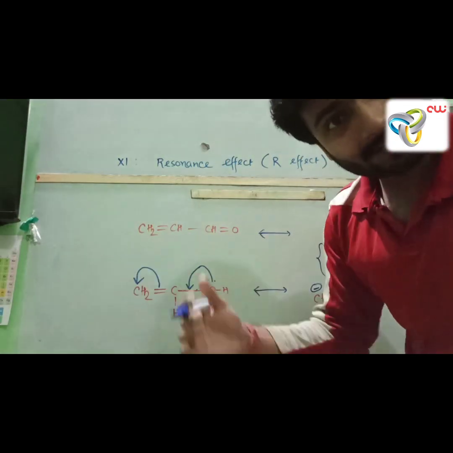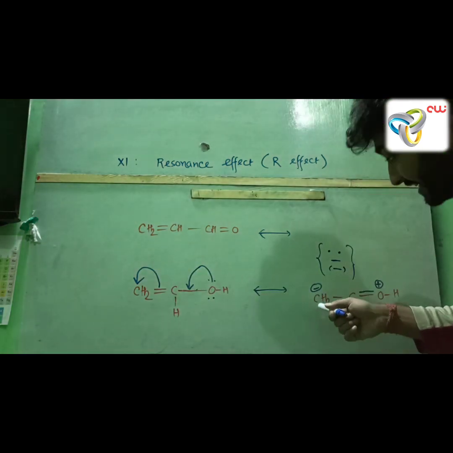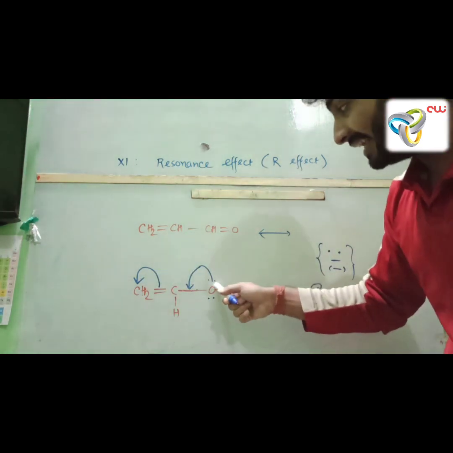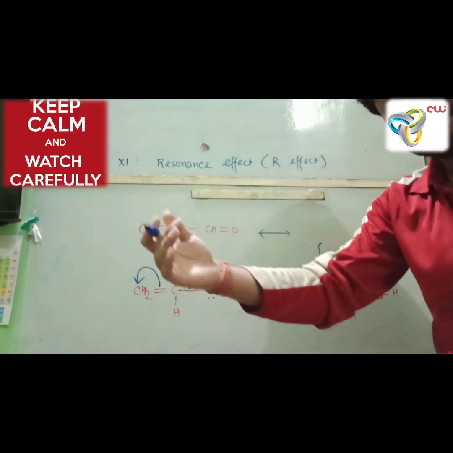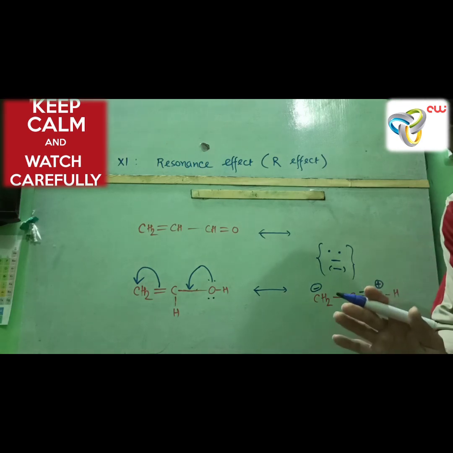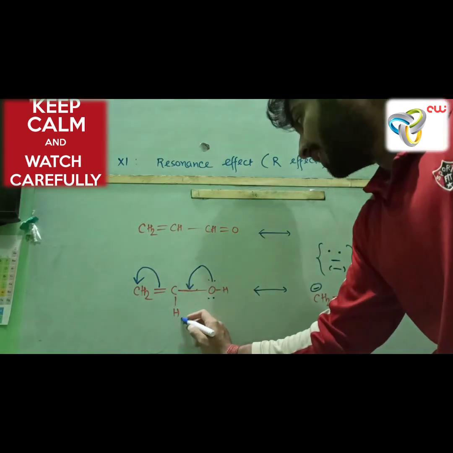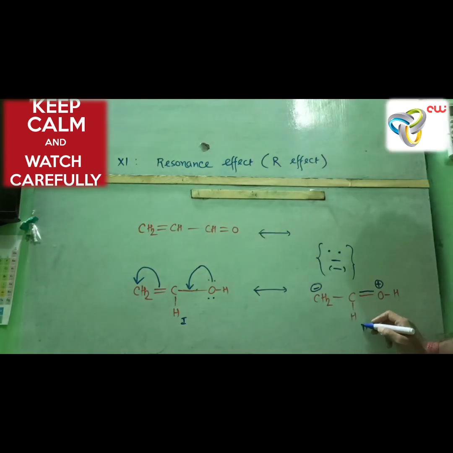So this is accepting the electron density, so the negative charge is placed on this carbon atom, and the other atom is pushing the electron density, so it will have the positive charge on it. And this is the conjugating structure. This is structure 1 and you can say this is structure 2.